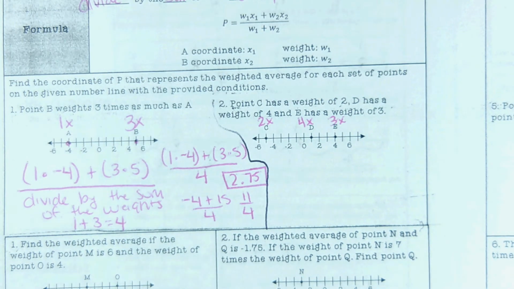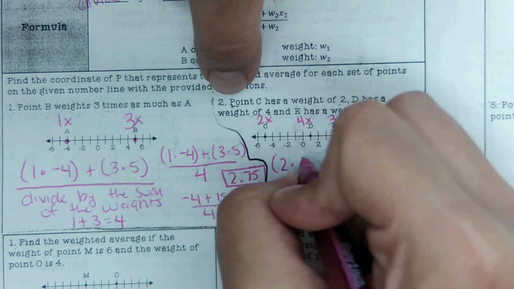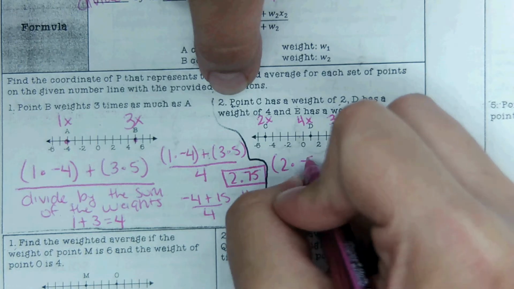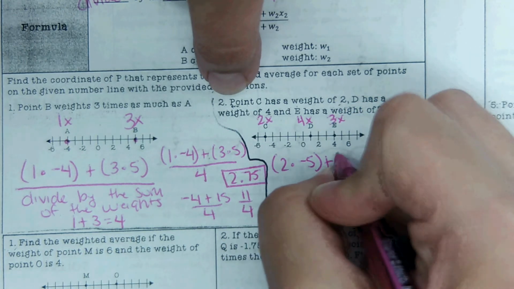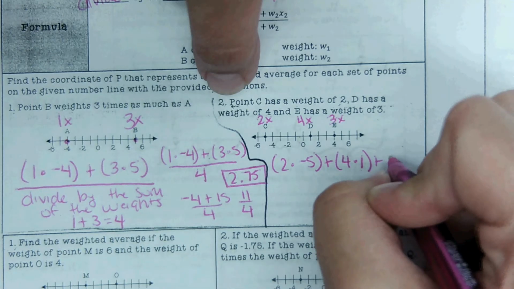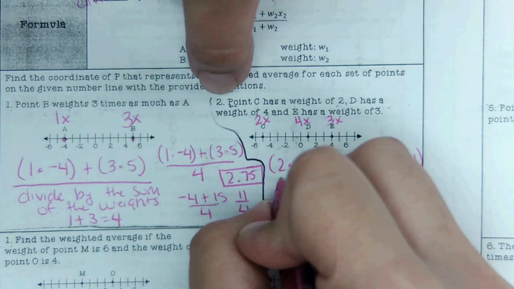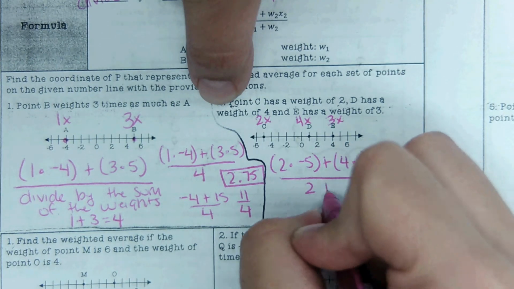So, once we have it set up, we can plug it into the equation, so it'll be 2 times, in this case, -5 plus 4 times 1 plus 3 times 4 over the sum of the weights, which is 2 plus 4 plus 3.